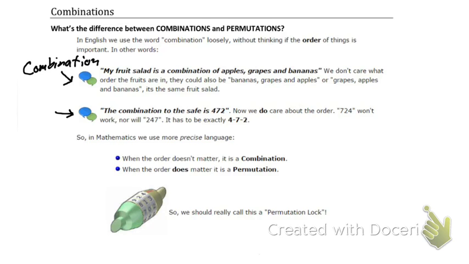The example of a safe would be an example of a permutation. Which means your combination lock is actually misnamed. It should be a permutation lock. Combination would mean you just need to know your 3 digits and just however you do it, it opens.